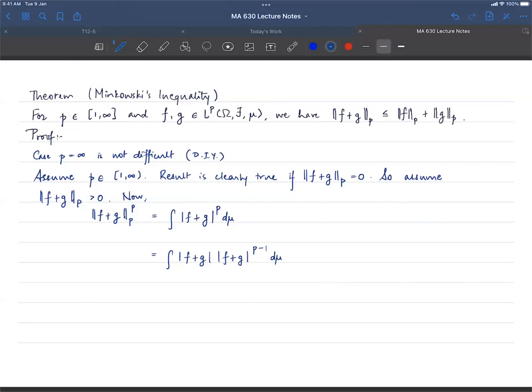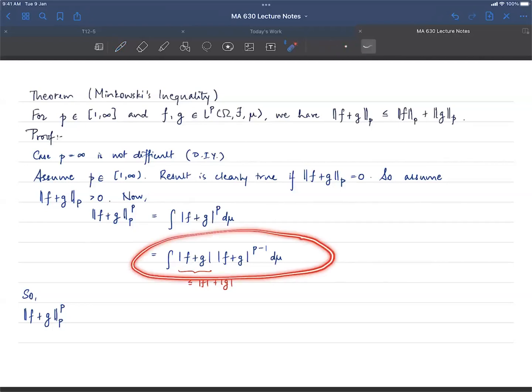Okay, then what I'll do is the following. Then I will take this absolute value of f plus g and I'll write it as less than or equal to the absolute value of f plus the absolute value of g. That's what I'm going to do. So I'll get, what's the left-hand side? The norm of f plus g, L^p norm to the pth power, which equals this quantity. You guys with me so far?